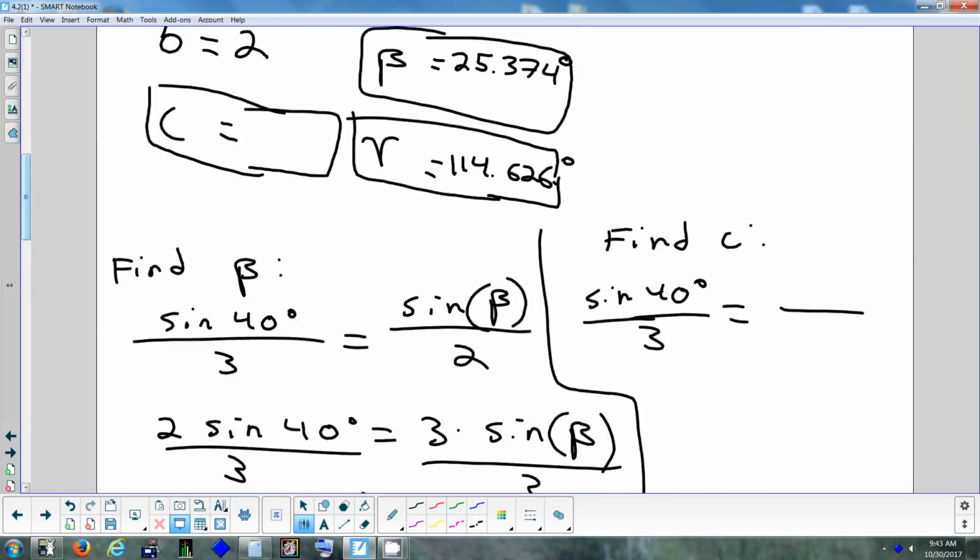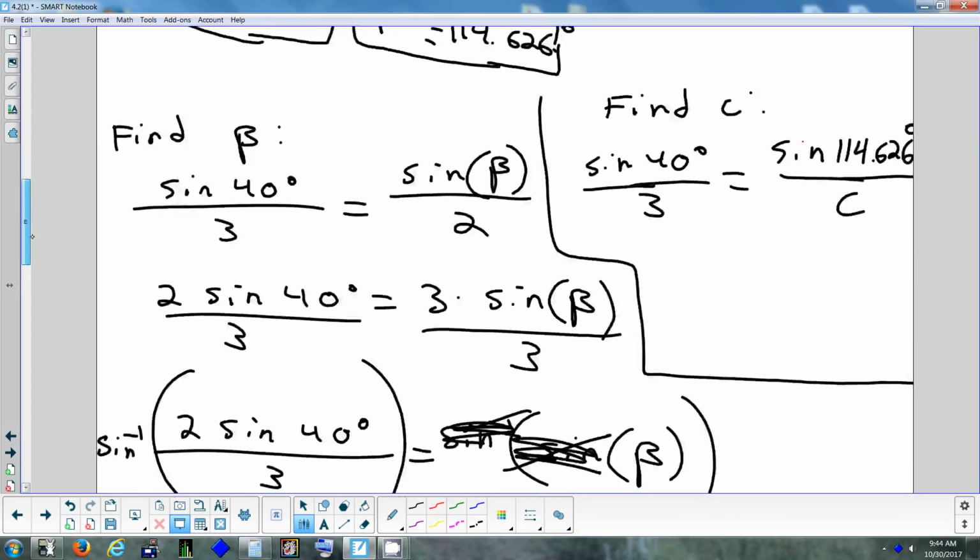Would be sine 114 over C. Yeah, sine of the 114.626 over C. And notice the variable, it's by itself. It's not inside the sine function, so you're not going to have to use inverse sine. Only time you have to use inverse sine is at the very first step. Okay, that's it.